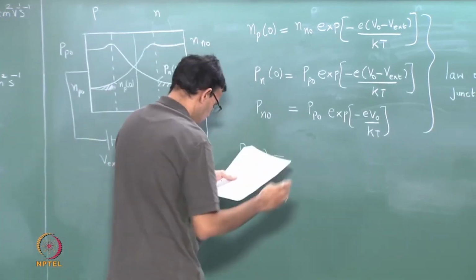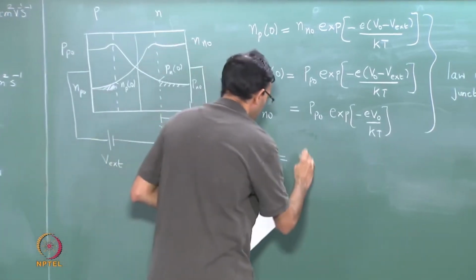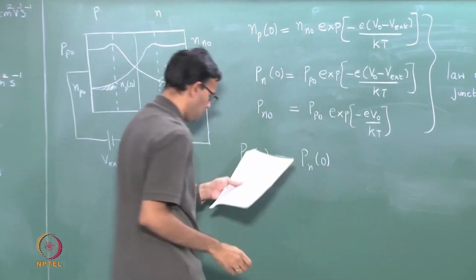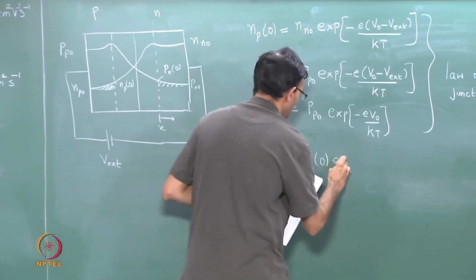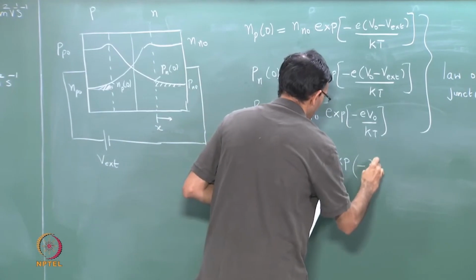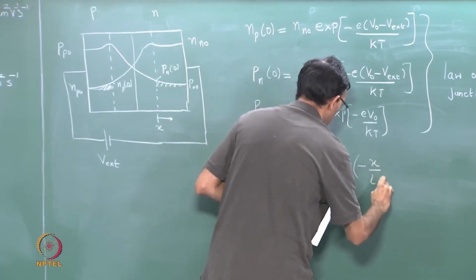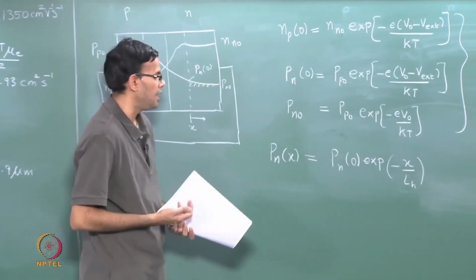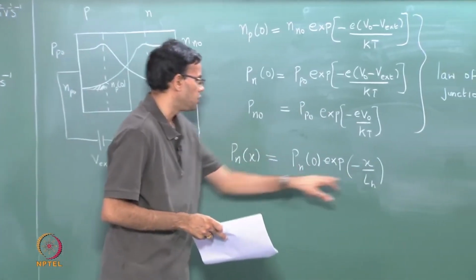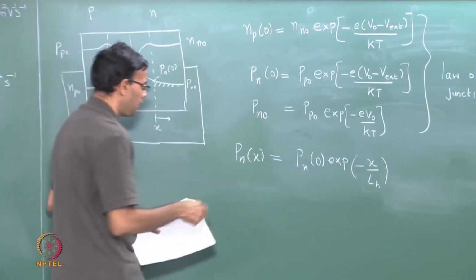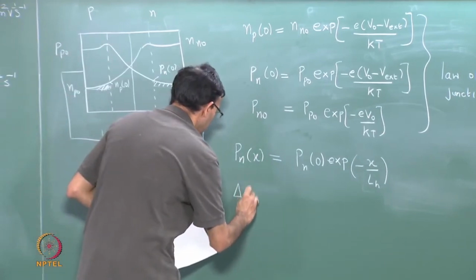So, this x is related to the diffusion length. So, it is P n naught or P n 0 times exponential minus x over LH. So, LH refers to the diffusion length and x refers to the distance from the origin. You can also write an expression for the excess carriers.